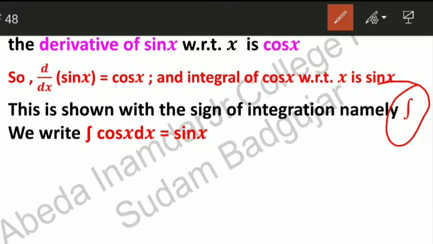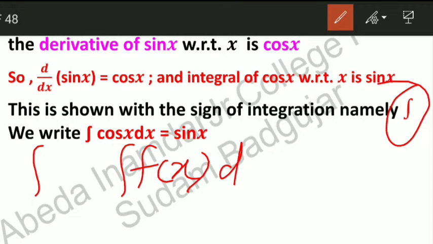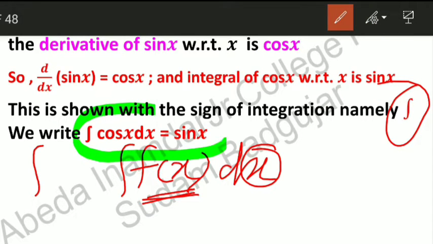Now this symbol is the sign of integration. Inside it we write f of x into dx, which means the integration of f of x with respect to x, where the variable is x.